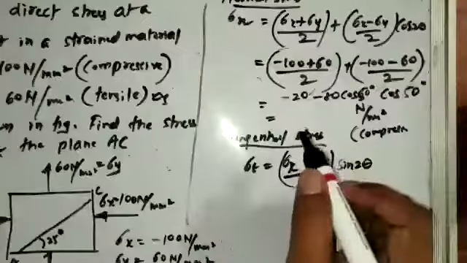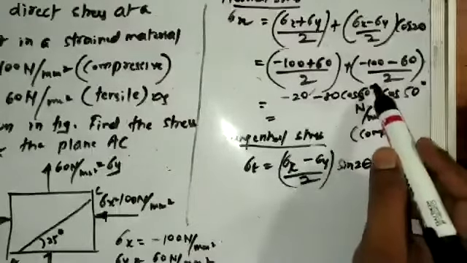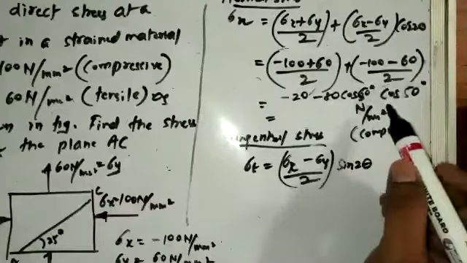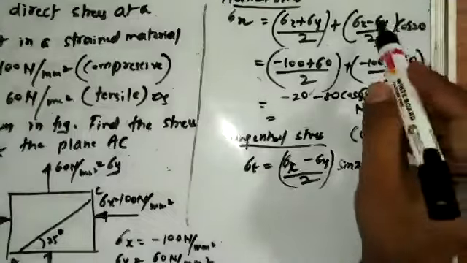Sir, minus 71 point something. Why different values? Have you set the calculator to degree mode? Anyway, sir, I am getting minus 71.4. Sigma y is tensile, correct?